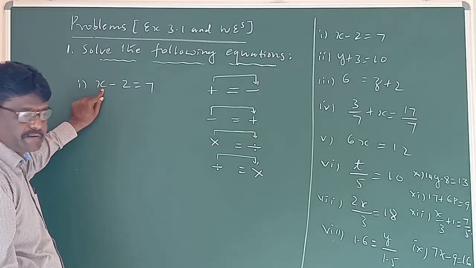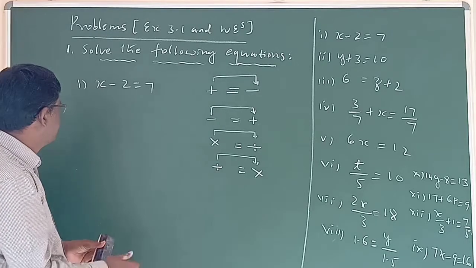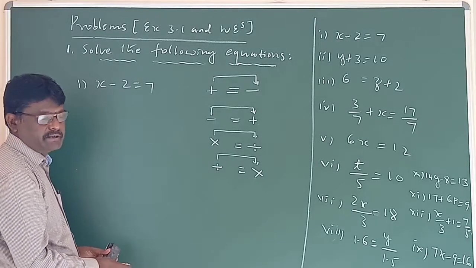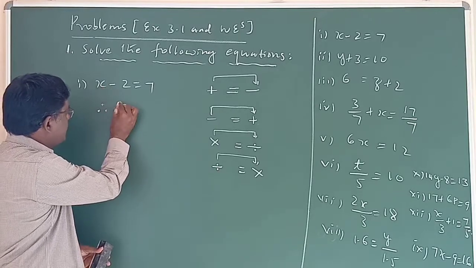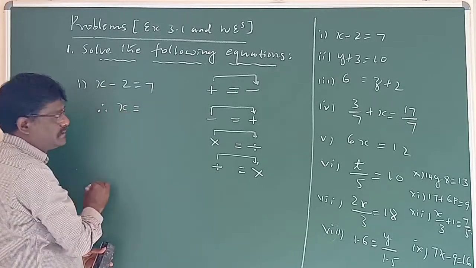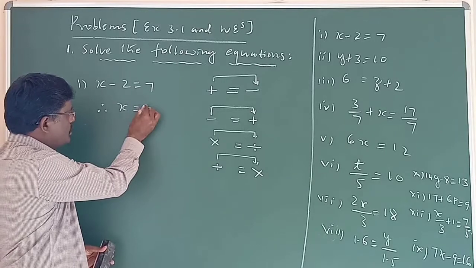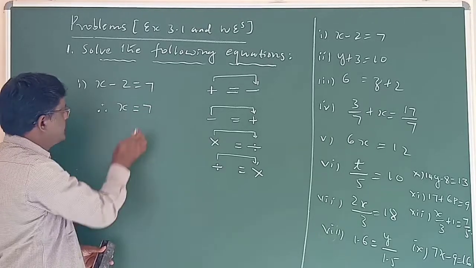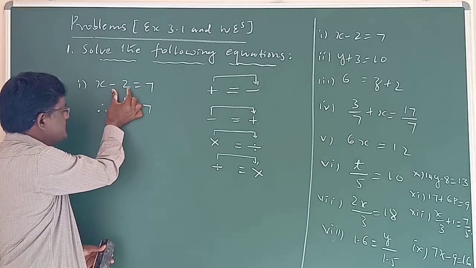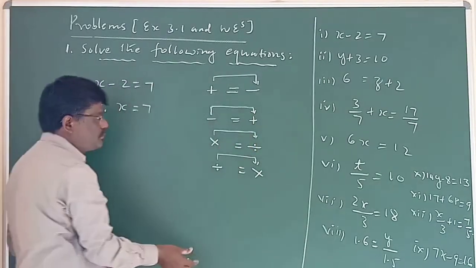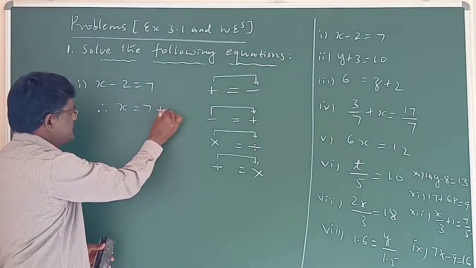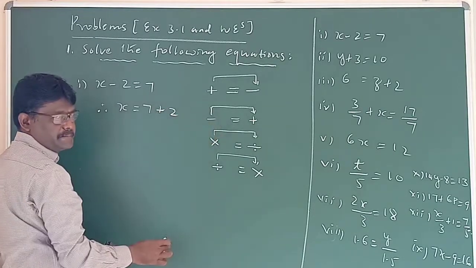Here x is the variable, the unknown factor. Therefore, keeping the unknown on the left, first write the known on the right-hand side. Now we are shifting this minus 2 to the right. When minus is shifted, it becomes positive, therefore plus 2.